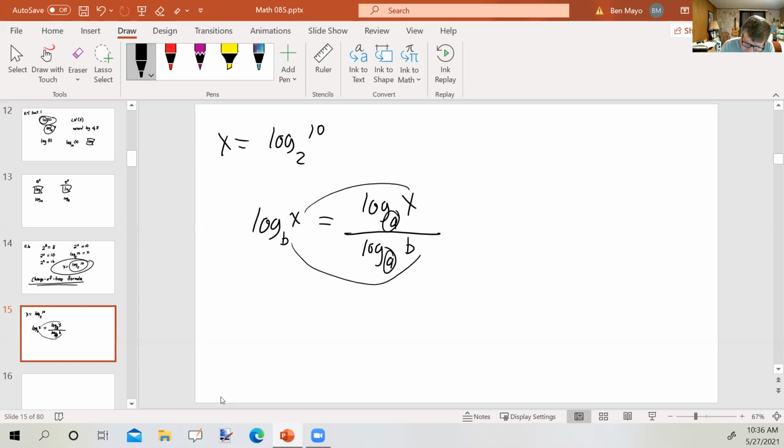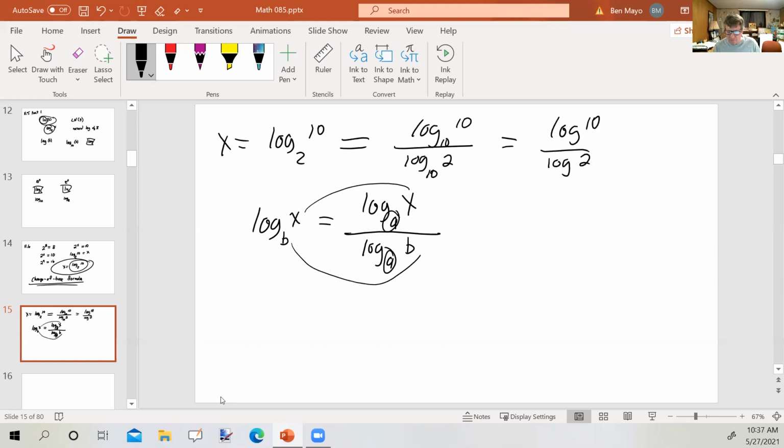So using our example, we could rewrite this as log base 10 of 10 over log base 10 of 2. Using log base 10, I could just write this. I don't need to write the little 10s in there. They're implied.